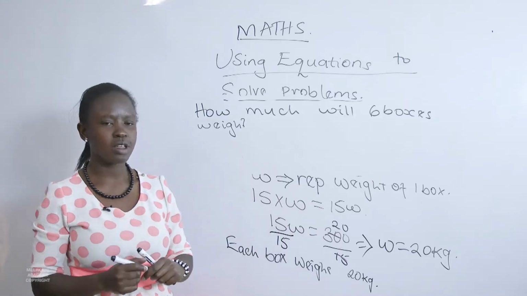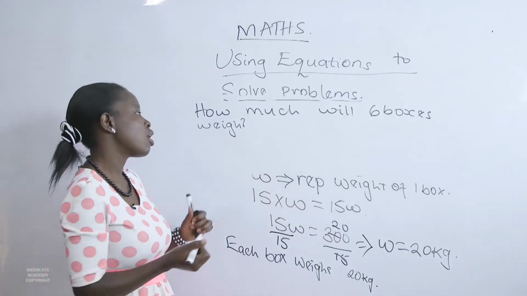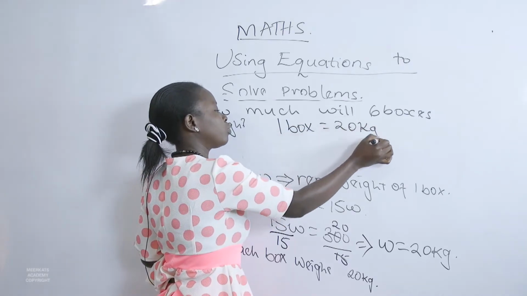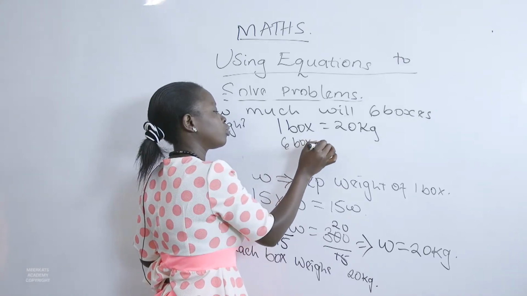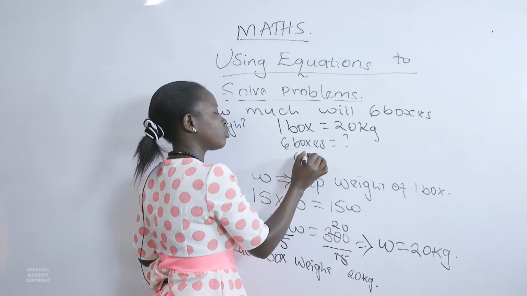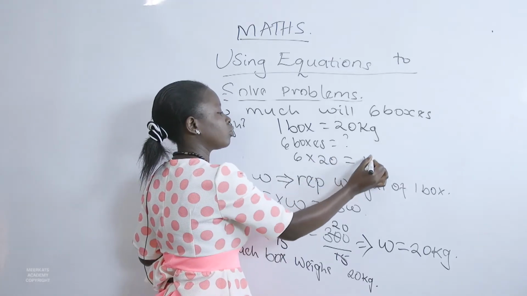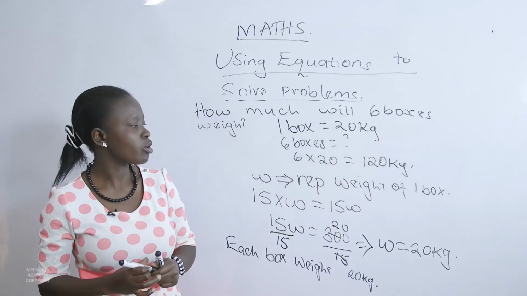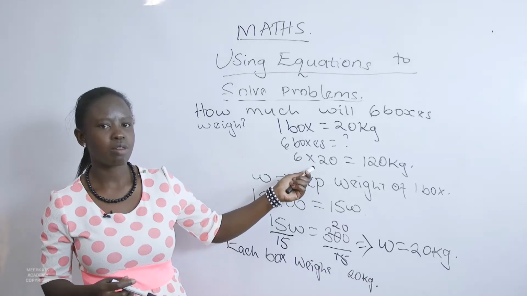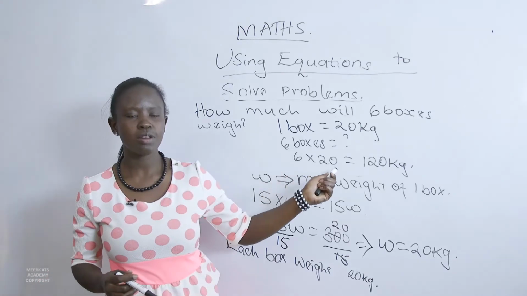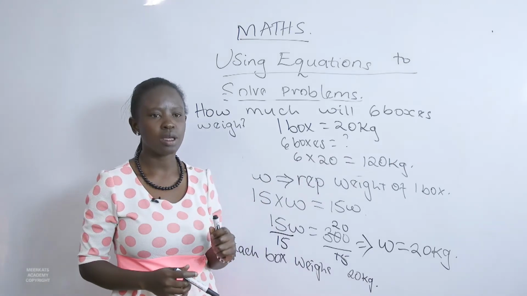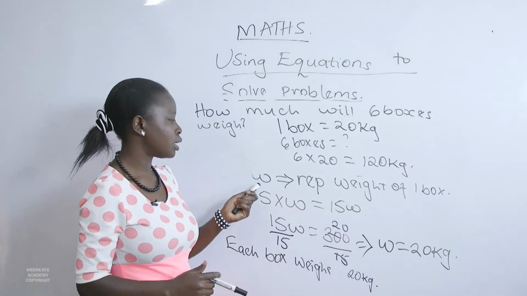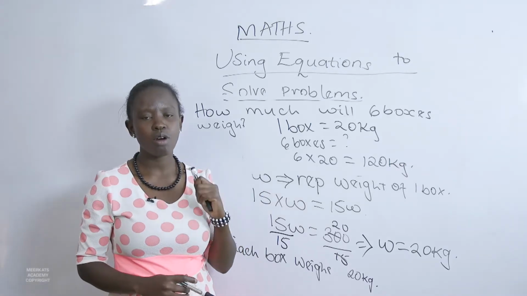If one box is 20 kilograms, what about 6 boxes? To get the weight of the 6 boxes, we have 6 times 20, and 6 times 20 simply gives us 120 kilograms.